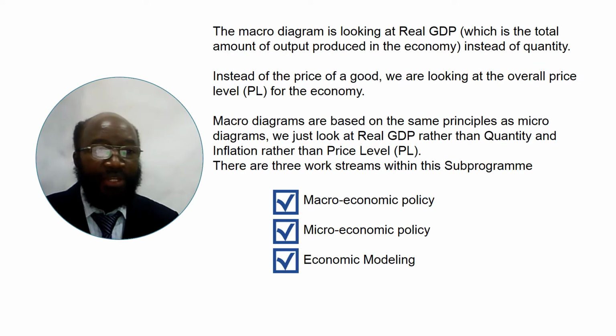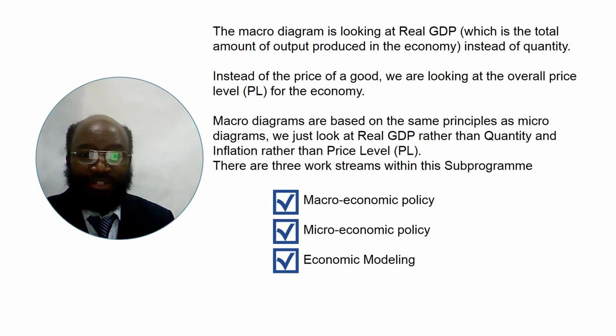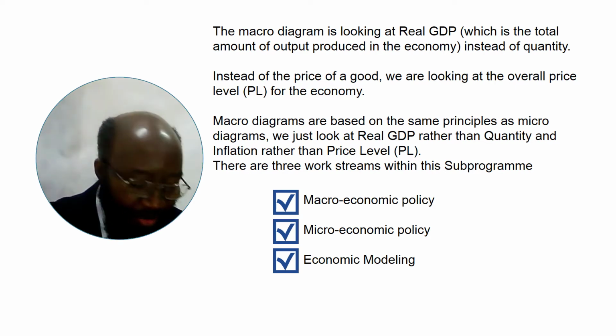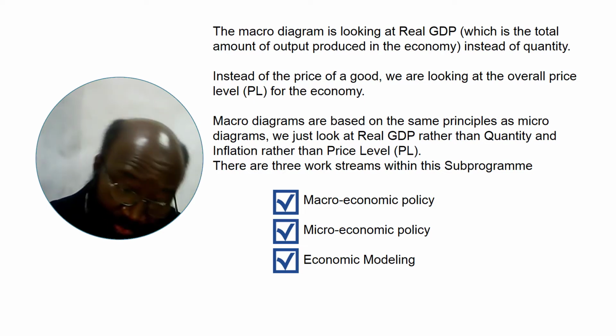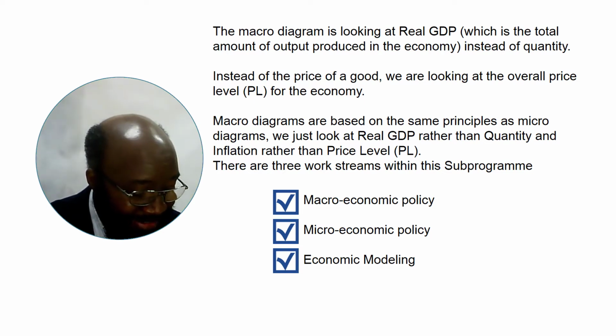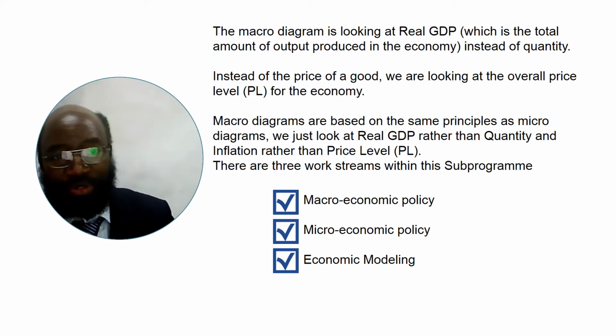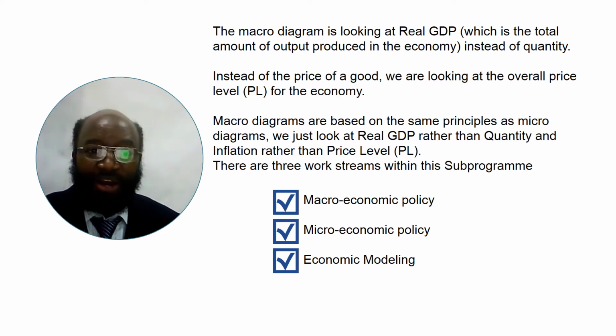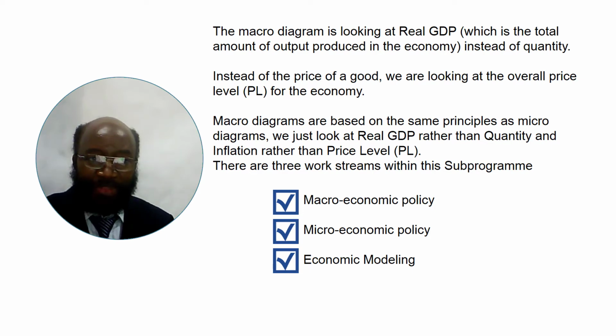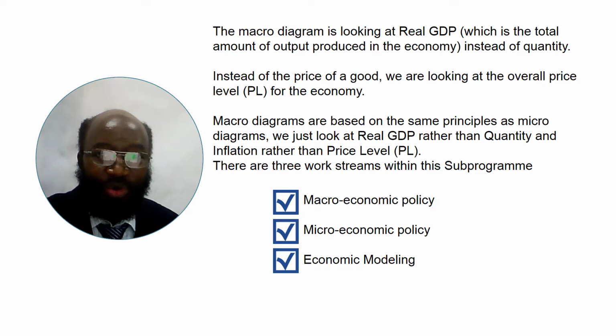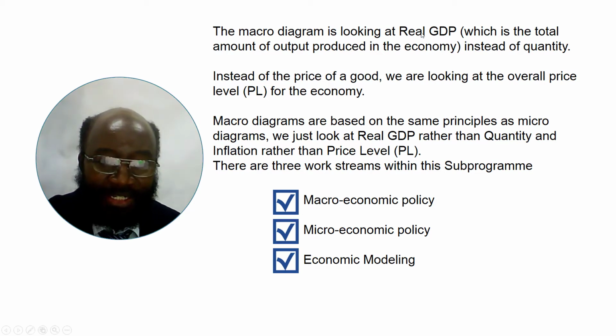Now, the macro diagram is looking for real GDP. In our previous lecture, we talked about GDP. We have real GDP and nominal GDP. We already said about it.